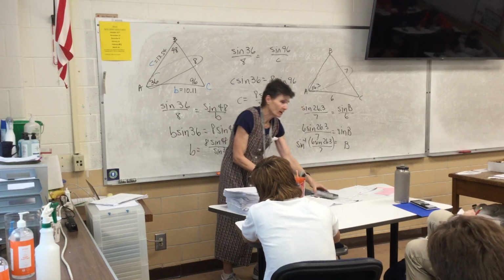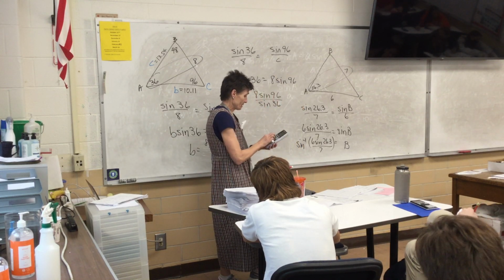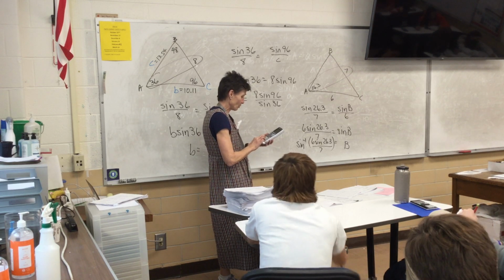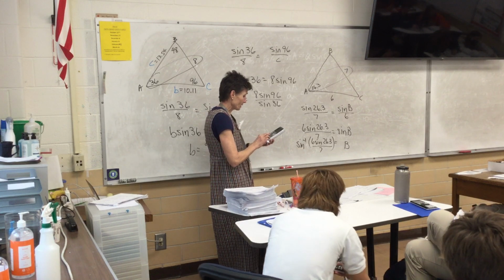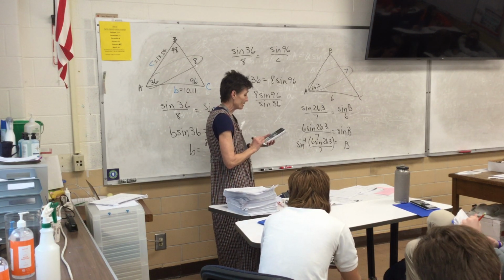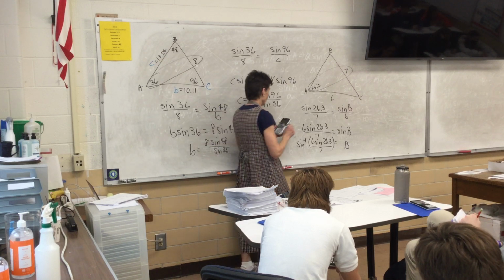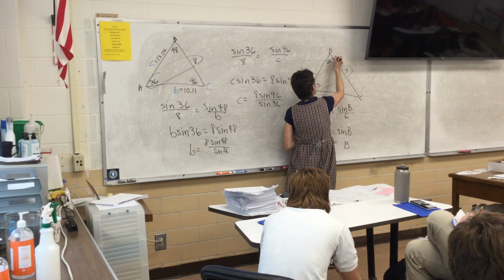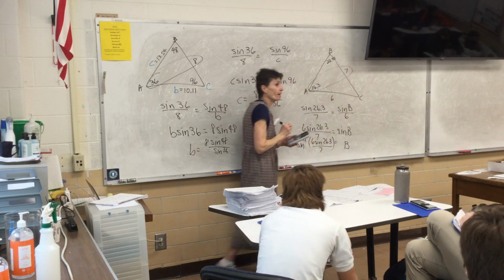No big deal, your calculator will do it. Second sine, 6 sine 26.3, close parentheses, divided by 7. Did you get 22.32? Is that what you got?